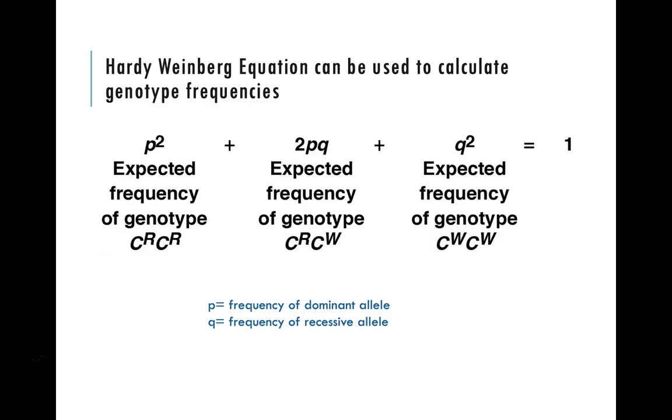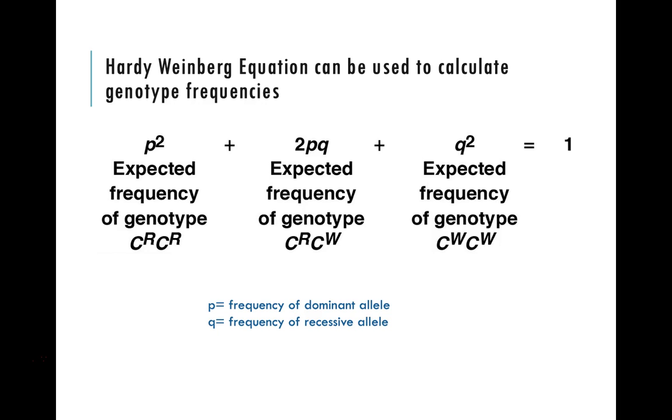Now, students get confused because the equation itself is actually asking you to know the genotypes of the individuals, not the allele frequencies. You do have to know the allele frequencies, but the equation is actually telling you expected genotype frequencies.